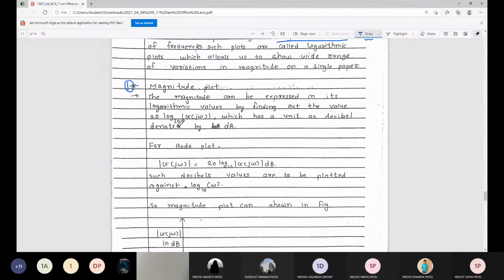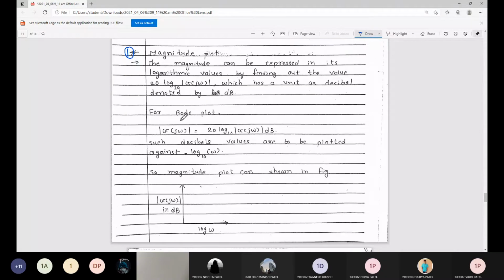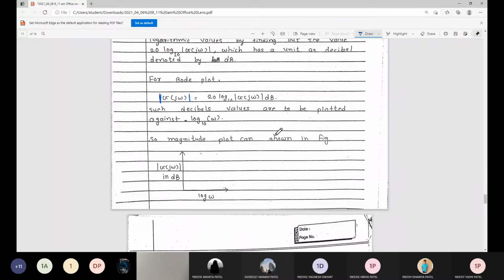It is 20 log to base 10 of the function. So for the Bode plot, the magnitude of G of j omega is equal to 20 log of G of j omega. The answer will be in dB.